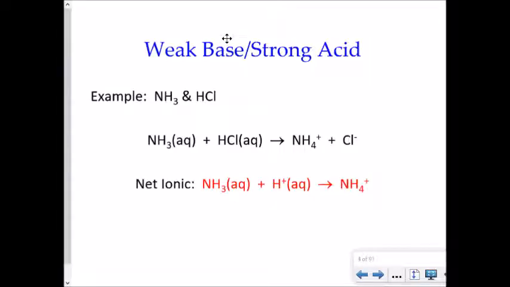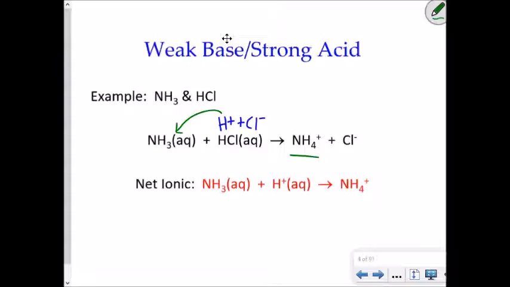Okay, so here's one showing a weak base with a strong acid, where you have ammonia reacting with hydrochloric acid. Once again, this would break apart because it's strong, so it breaks apart into its ions. And this is more of a Bronsted-Lowry reaction, obviously, because the H donates over, creating your ammonium.